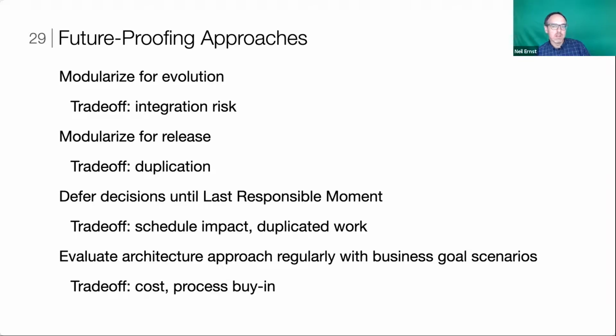The trade-off here is that we have integration risk, meaning there's things that we're going to do in each of these modules that makes it harder to make them work together. For example, performance often suffers if we have too many modules in our software.